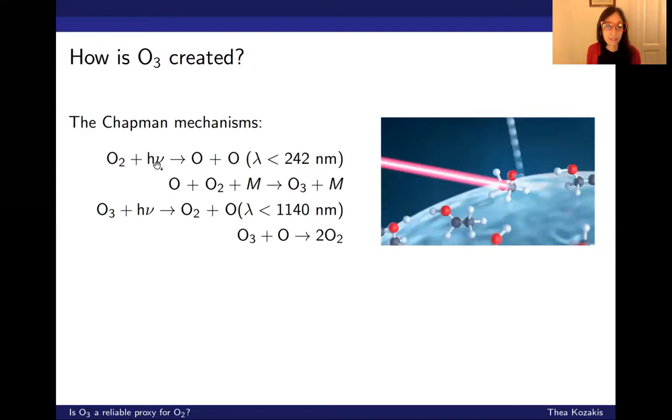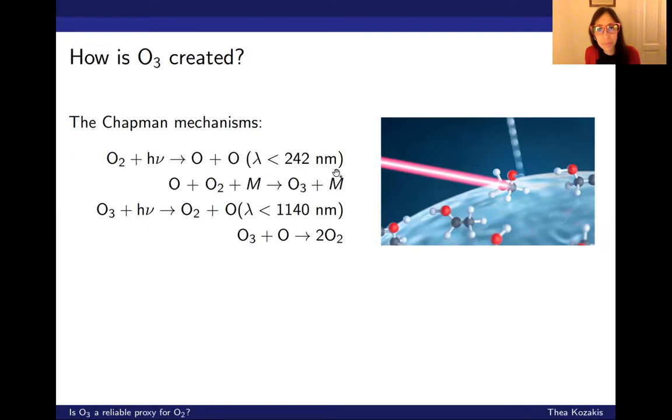It gets hit by a photon. What's important here is that the photon has to have a wavelength of less than 242 nanometers. And that's because it needs to have enough energy to break apart the O2 molecule. So if you have that, O2 can be broken up into these oxygen atoms. One of the oxygen atoms can recombine with an O2 molecule and make O3, ozone.